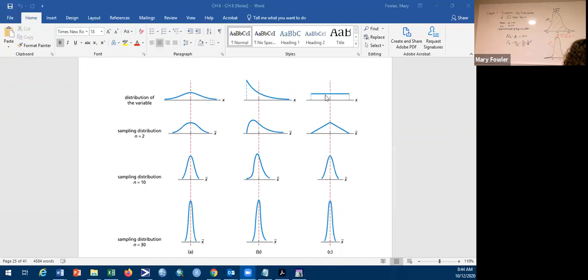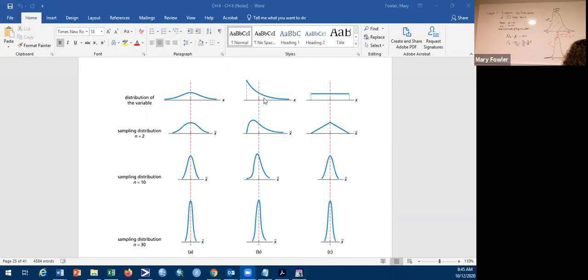And this is also the situation over here for this flat uniform parent. When the sample size is 2, we get this triangle. And then as the sample size gets larger, we get what we call convergence, a movement to a bell-shaped distribution. Okay, so the takeaway is if the parent is normally distributed, then for all values of the sample size, the distribution of X bar is normally distributed.